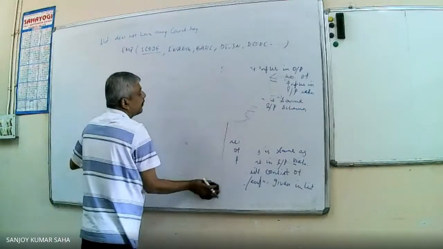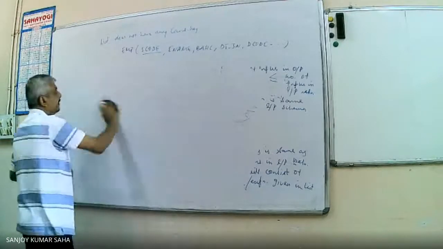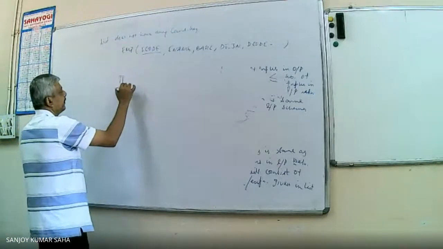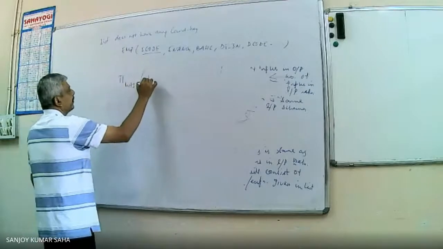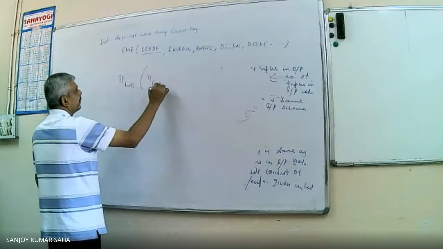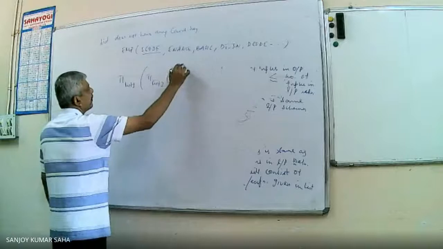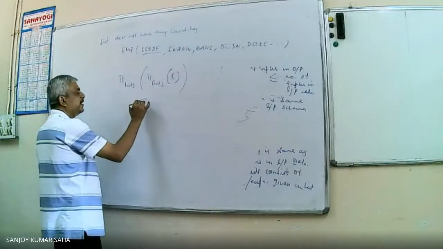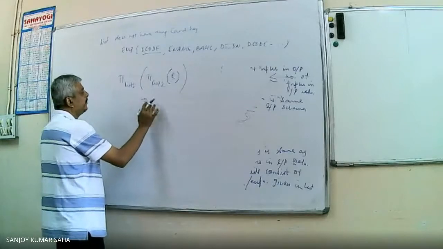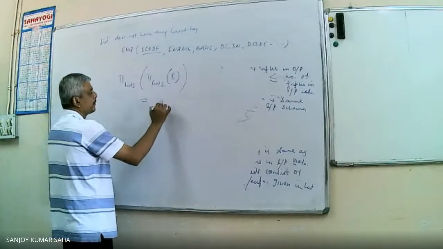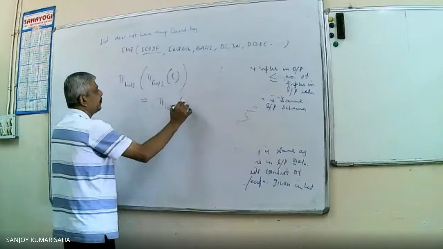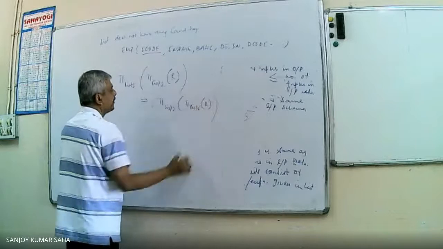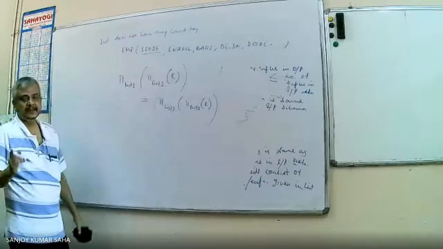Now, in case of select operation, we have seen that it was commutative. Let us see. We'll say this is commutative if this becomes equivalent to, or is the same as, pi list 2, pi list 1, R. If they are the same, then only we can say they are commutative.